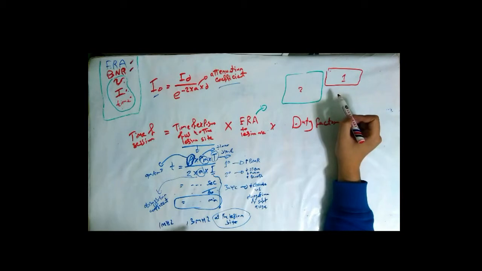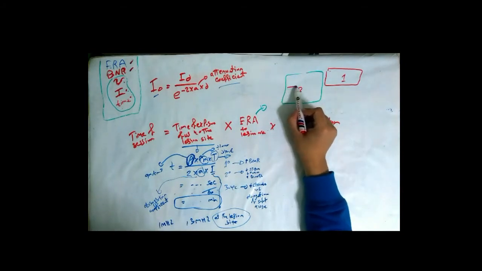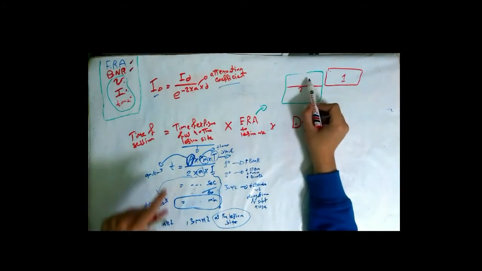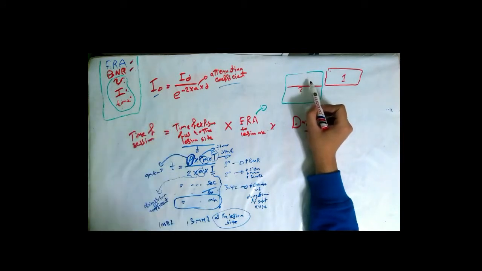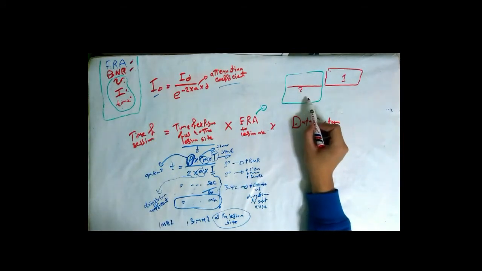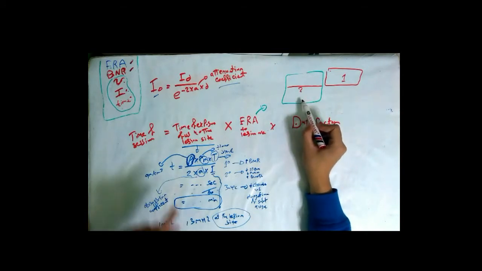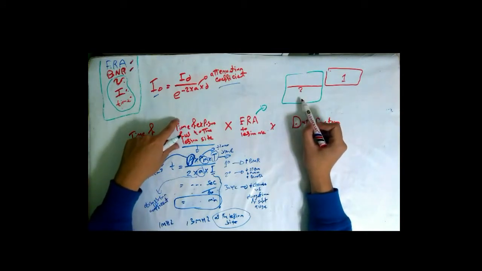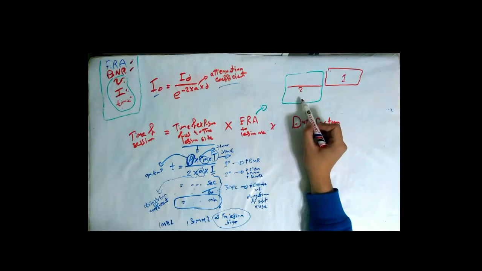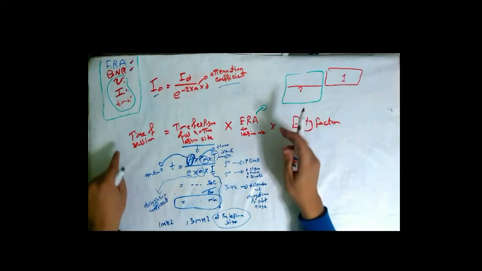So we will expose first the first part of the lesion area, which is here, by the time of exposure of the lesion site. Then after finishing, you will go to the second part and expose this area too by the time of exposure of ultrasound of the lesion site. This will lead to increasing the time of the session.